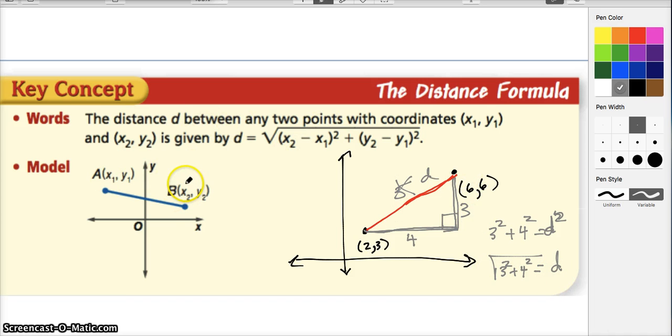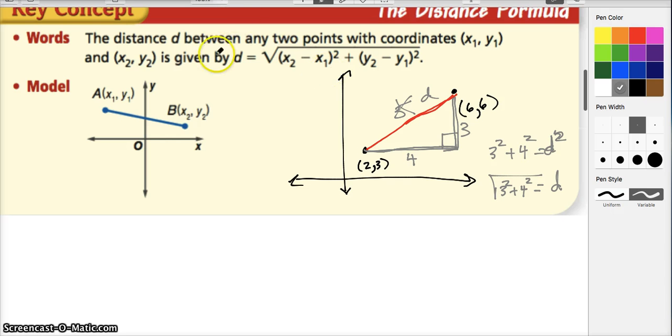Let's go over to the generic situation and think about it a little differently. This generic situation uses x sub 1, y sub 1, x sub 2, y sub 2, but the idea is still the same. In order to find that length, we use the right triangle associated with it, and we use that length as the hypotenuse.